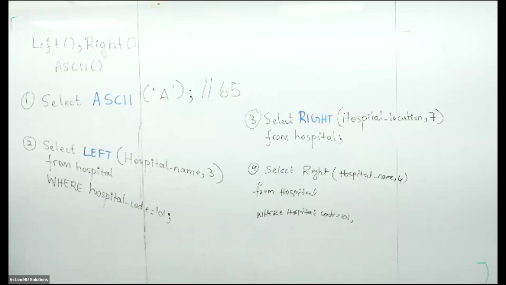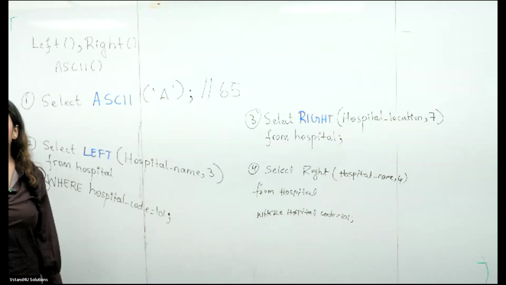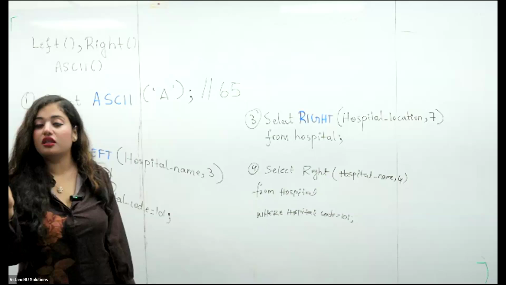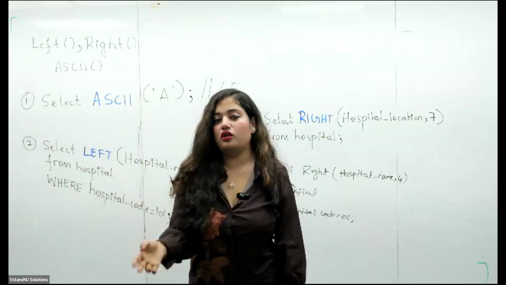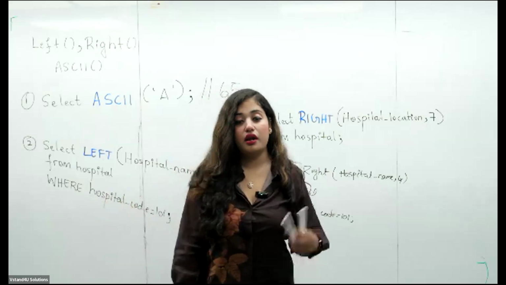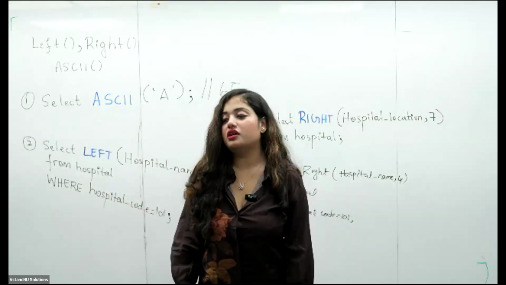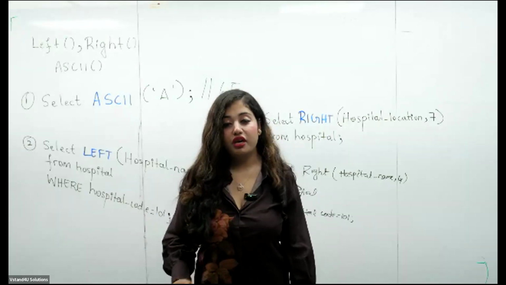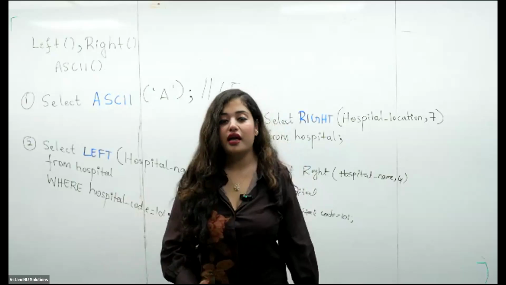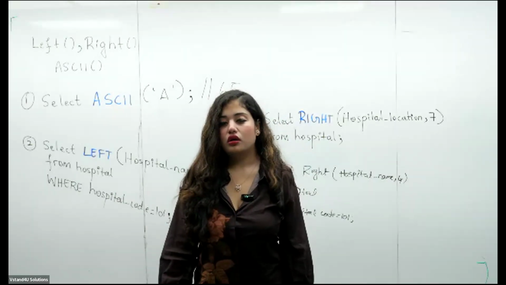You will never ever get the ASCII value directly for any character other than the first, like the 10th, 5th, 8th, or 100th. Indirectly you can get it. By using substring, you can get the indirect value. Yes or no?